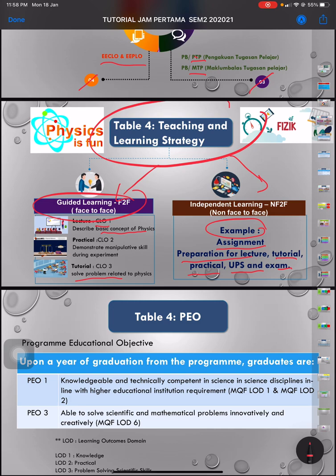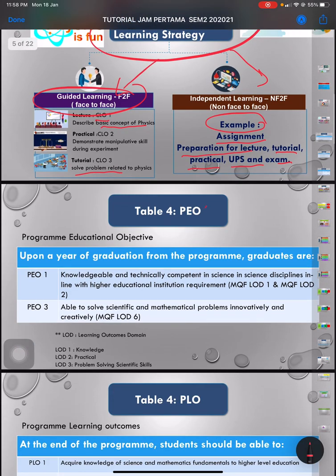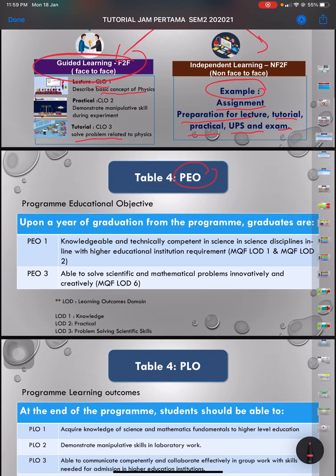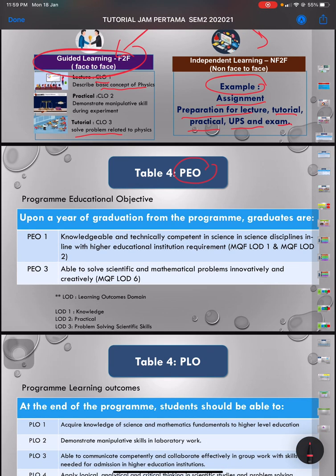Next, Table 4 for PEO scope, program educational objective. Upon a year of graduation from the program, graduates are knowledgeable and technically competent in the science discipline, in line with the higher educational institution requirement.